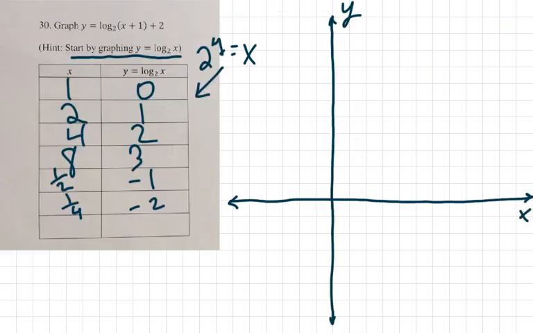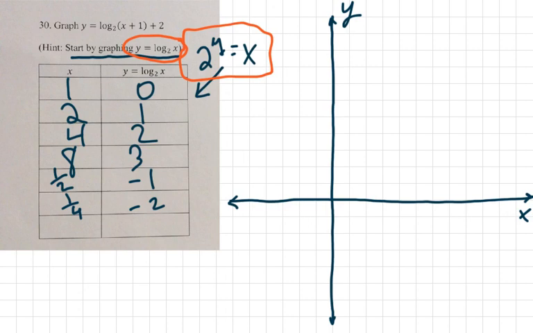For this next example, we're asked to graph y equals log base 2 of x plus 1, plus 2. Now, this is a transformation of the graph y equals log base 2 of x. So our first suggestion is to rewrite y equals log base 2 of x as an exponential function, select values of y, and solve for the values of x.